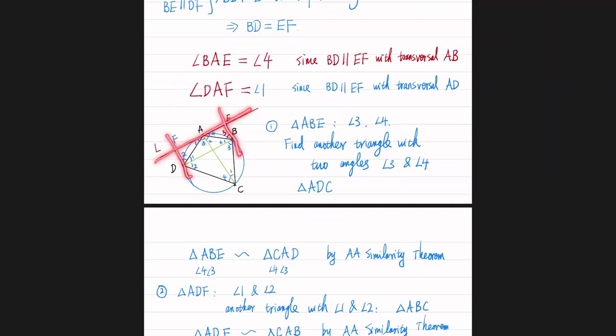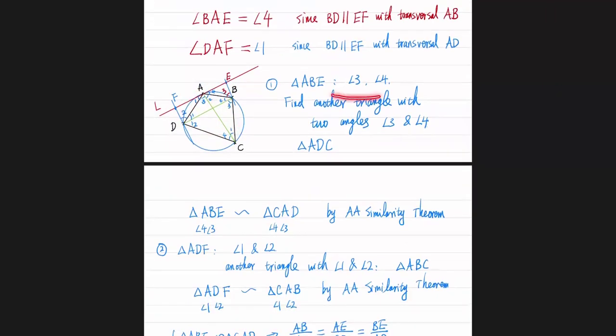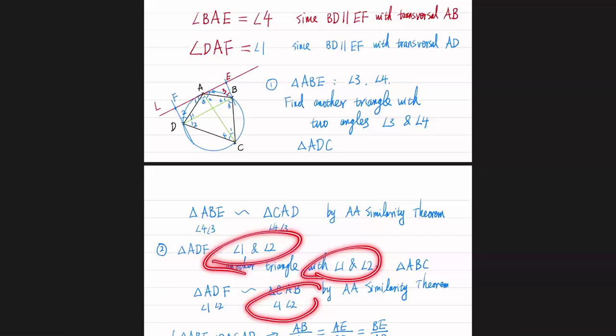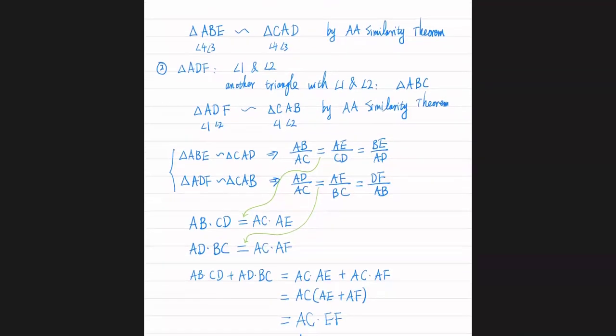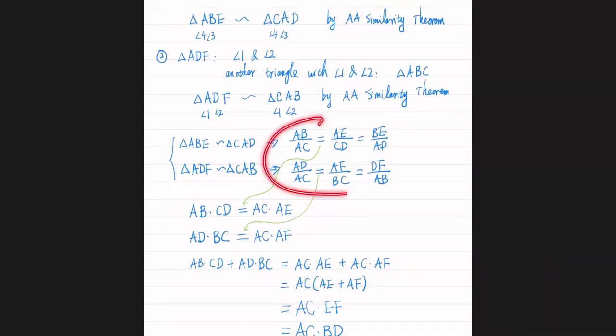The key observation is that these two triangles are similar, by looking for the common angles. When they are similar, we have equal ratios. We do cross multiplication, then addition, and we get the result.